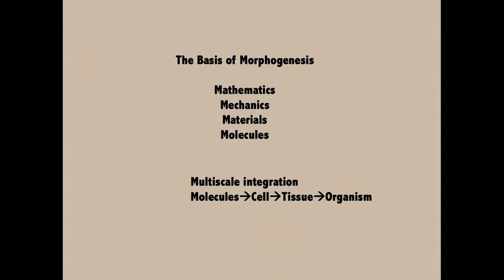So these are four things that people have been thinking about. The other thing that people have also been thinking about is how you integrate information from molecules, which Shashi again spoke a lot about, to shape or change the form of cells, and how do cells cooperate to build tissues, how do tissues organize to build a body plan.